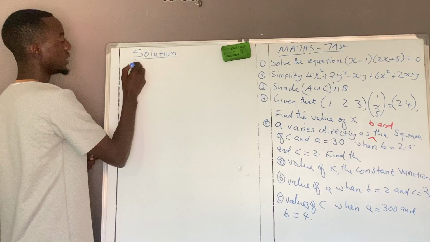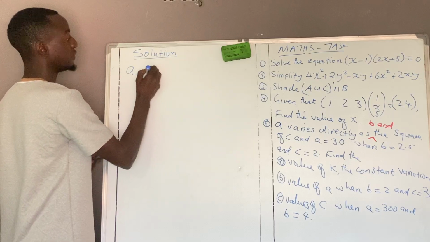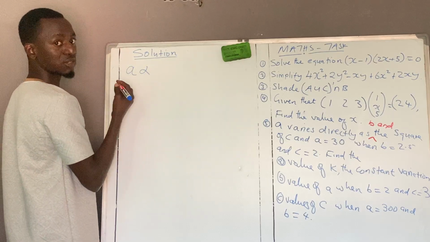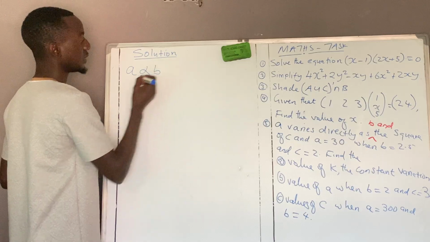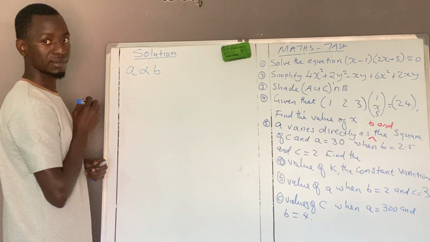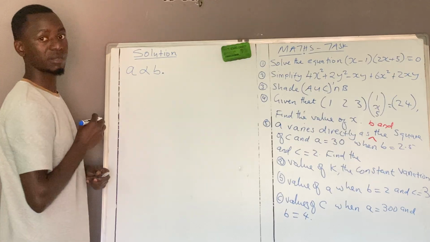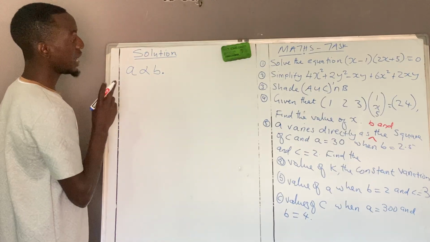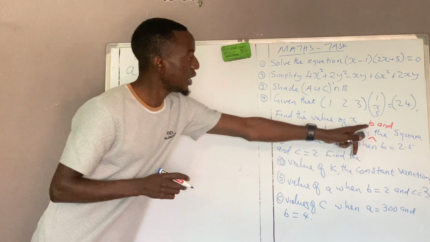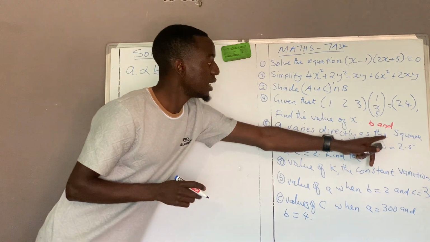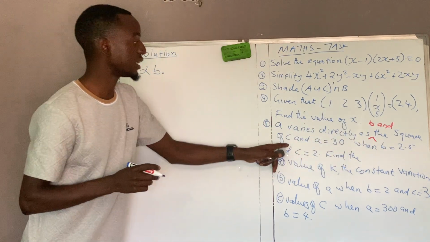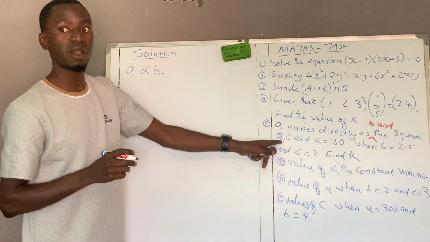It will be A varies directly as B. Then they are saying and, so that means multiplication, and the square of C.